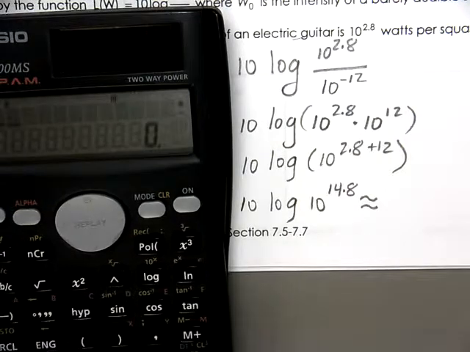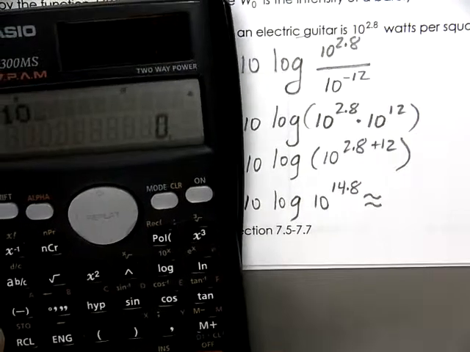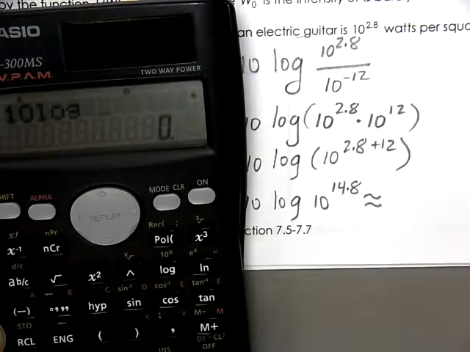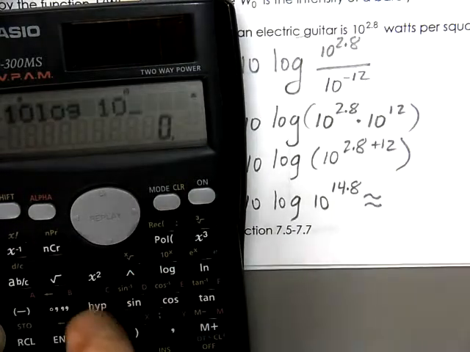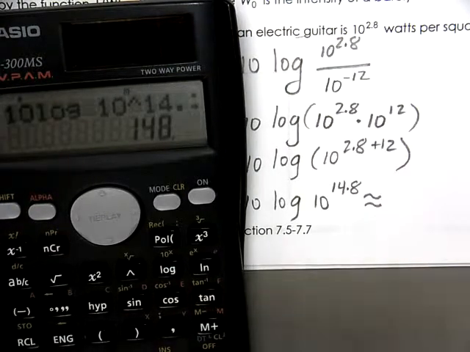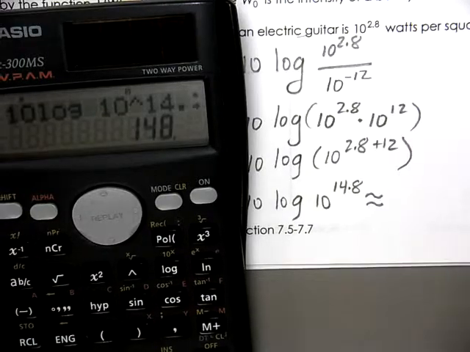So we're going to type in 10 times the log of 10 to the power of 14.8. And we get 148, actually right on the button, of course, because we're multiplying by 10.